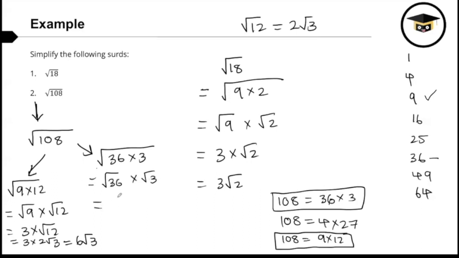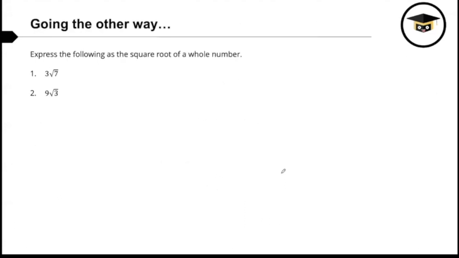And that is equal to 6 times root 3. And we know that we can just say that is equal to 6 root 3. So we get the same answer, we get it quicker, and we don't have to simplify again. And that is why we always want to go for the biggest square number when we're trying to simplify a surd.